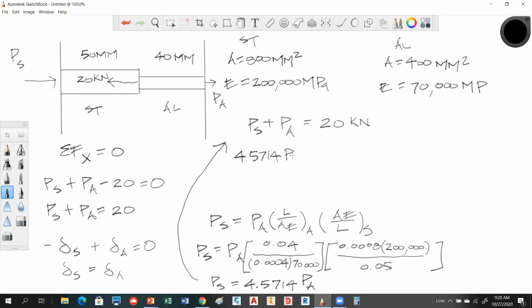So I can plug this guy into here and I get 4.5714 PA plus PA has to be equal to 20. When I add these two together, don't forget you have a coefficient of 1 out here. So PA is going to be equal to 20 divided by 5.5714, and that'll tell you the amount of force in the aluminum.